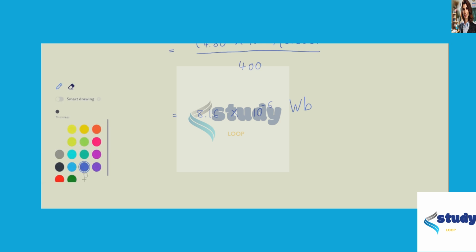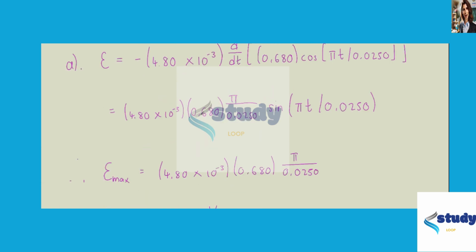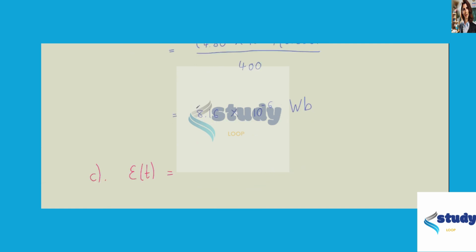And finally, we wish to calculate the EMF at a given time t. So we know that the EMF as a function of time is equal to minus L di/dt. And we've calculated this above. So that's 4.8 times 10 to the minus 3 multiplied by this.